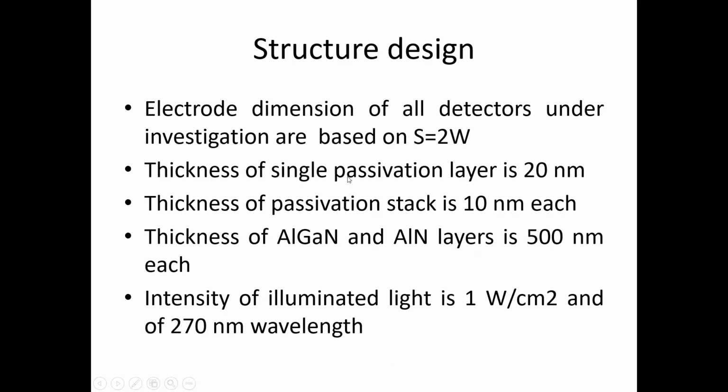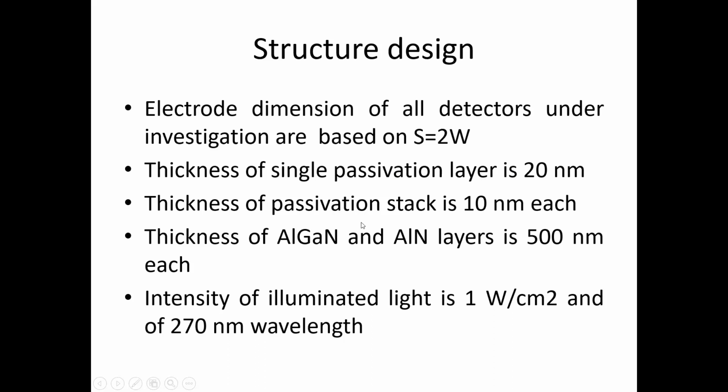The thickness of single passivation layer: we have also utilized a single passivation layer for the analysis purpose. The thickness of the passivation layer is taken the same as the thickness of the metal electrode layer, that is 20 nanometers.